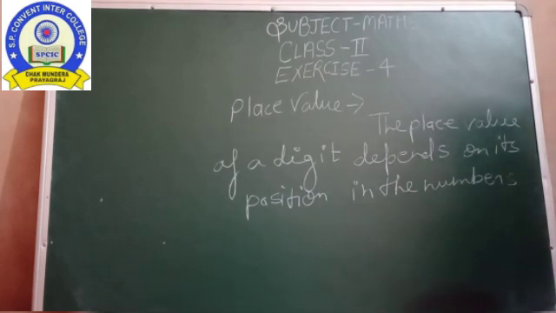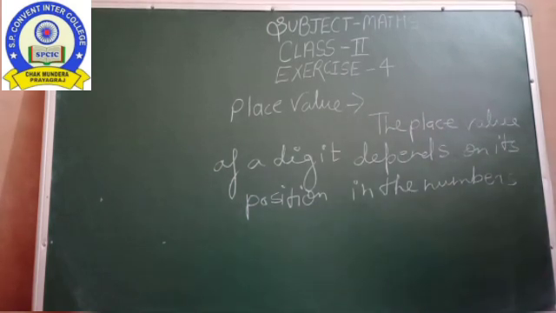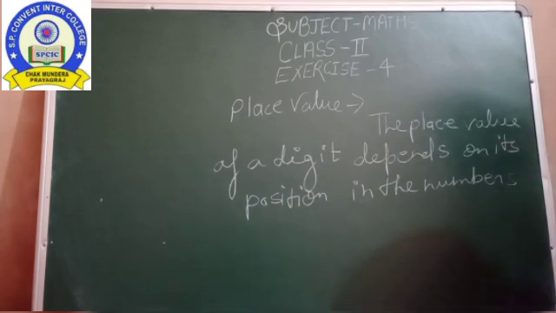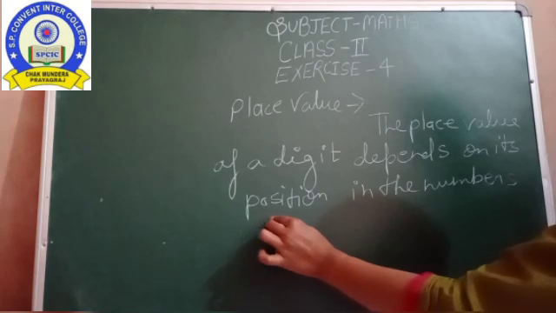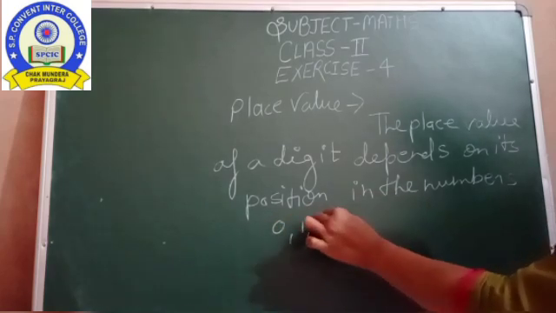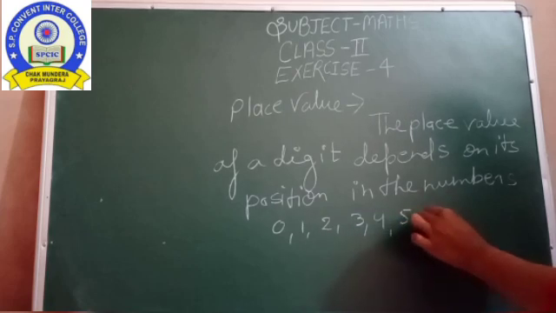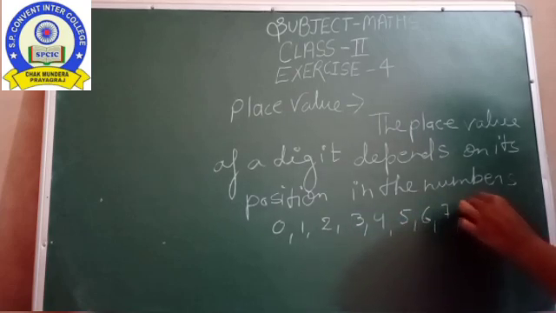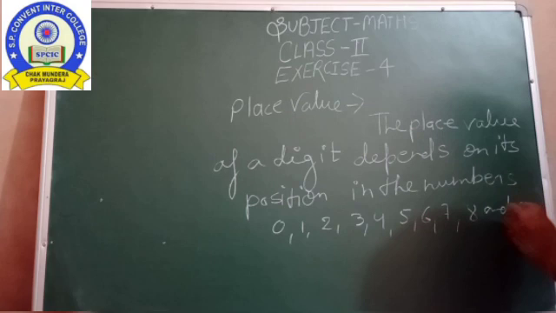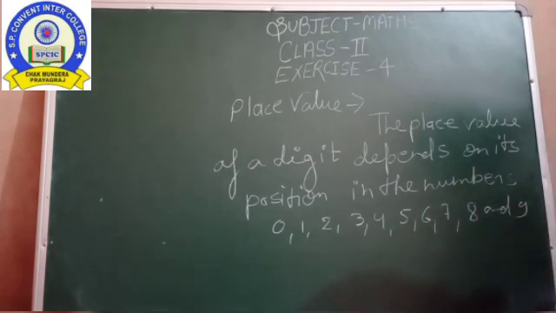We use the digits 0, 1, 2, 3, 4, 5, 6, 7, 8, 9 to make numbers. Okay.